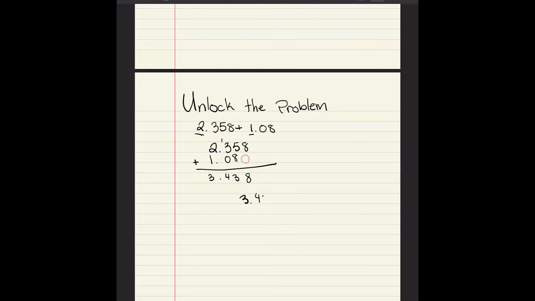So that's my final answer, 3.438. Or since this is tenths, hundredths, thousandths, you could say that this is 3 and 438 thousandths. But I'm just going to say 3.438.